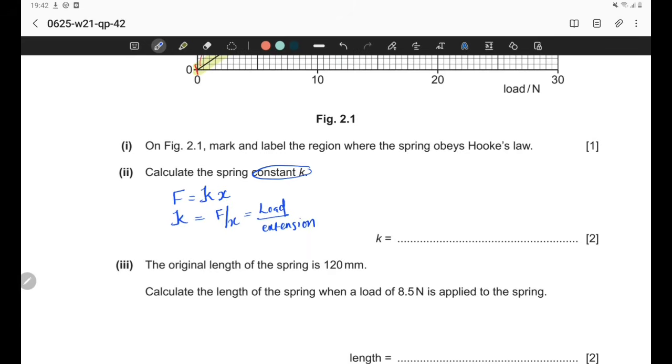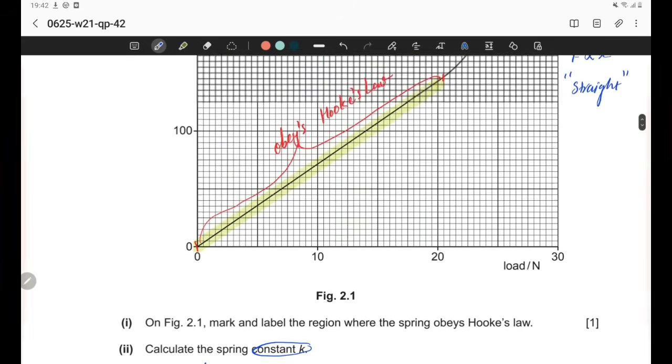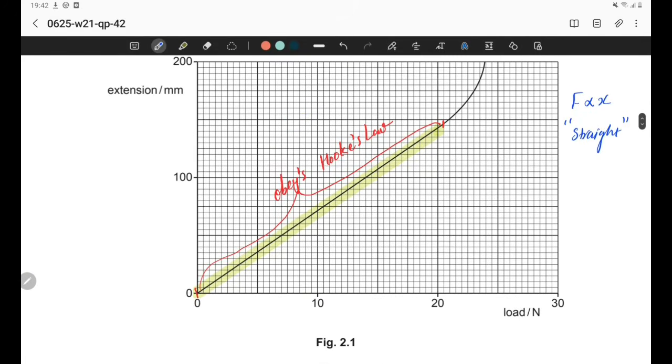Now we can look at the graph and we can find one particular value for load, or we can see when the load is 15 Newton, we just need to find any particular load value. Then we have to see for this load what is the corresponding extension, or what is the value on x-axis.